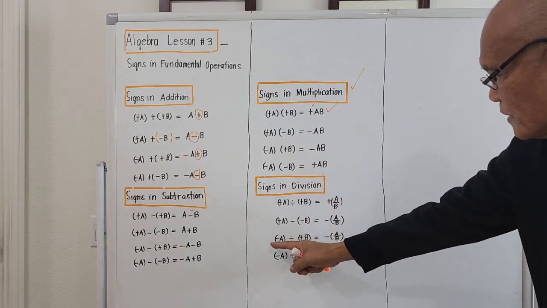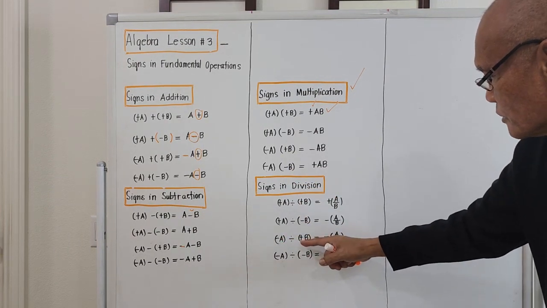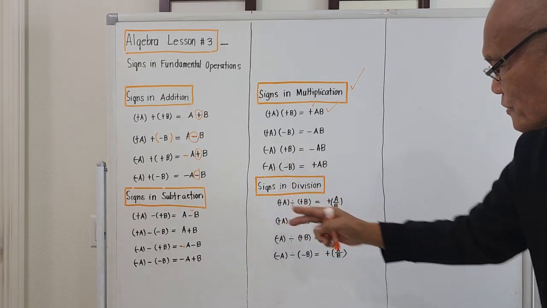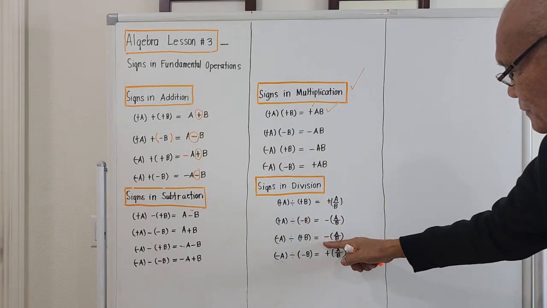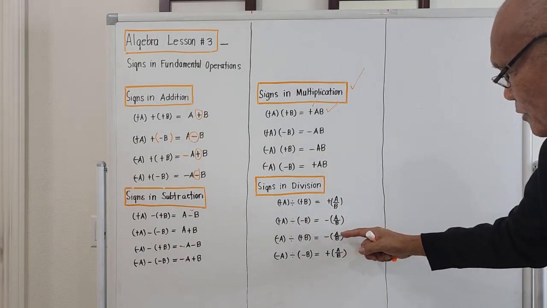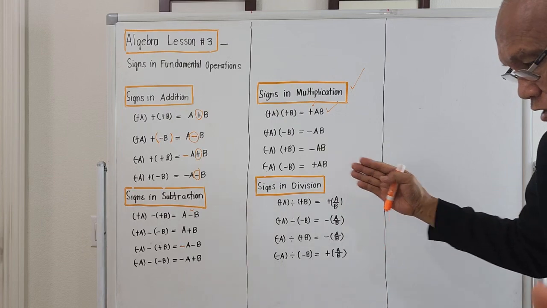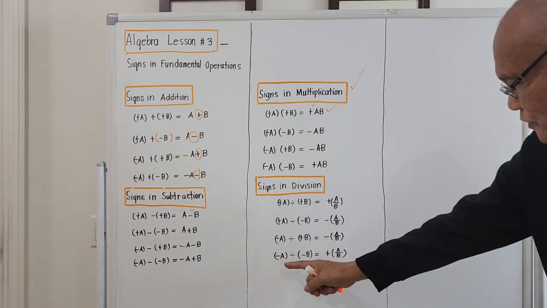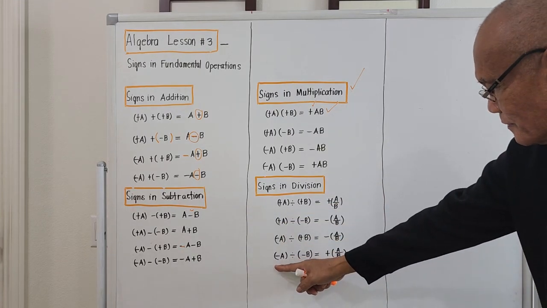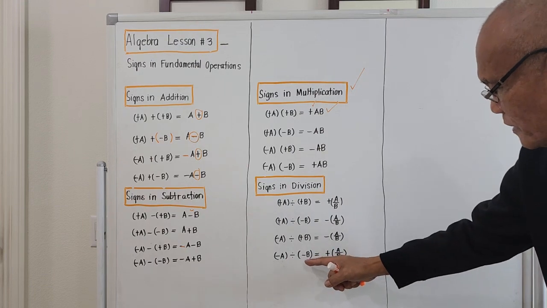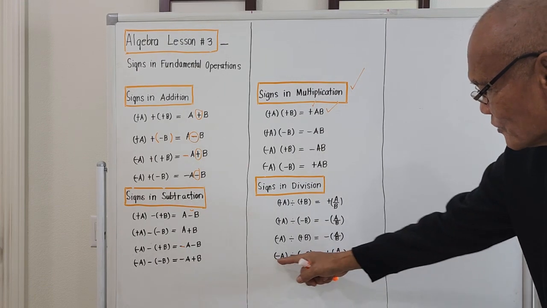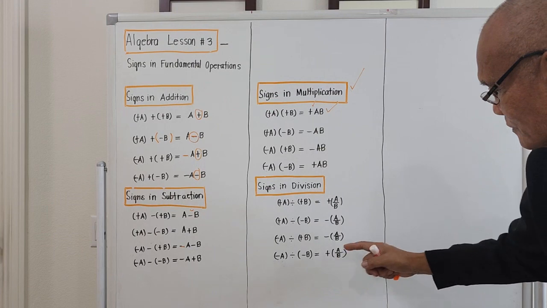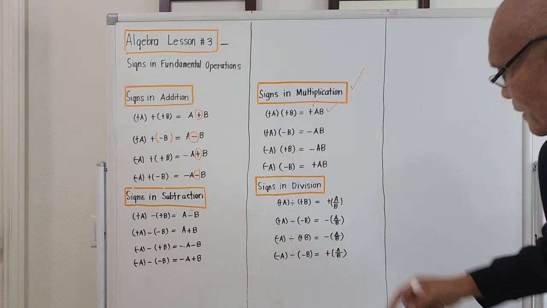If the first one is negative and the second one is positive, the overall sign of the ratio will be negative times the ratio of A over B. Last one, if the first one has the negative sign and the second one has the negative sign, a minus and a minus, this should be plus times the ratio A over B.